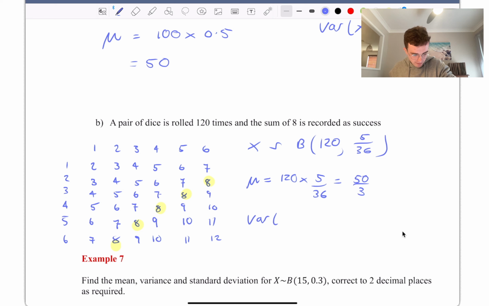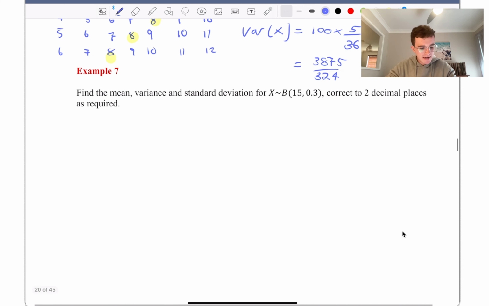And the variance is going to be 120 times 5 on 36 times 31 on 36, which is 3875 on 324.